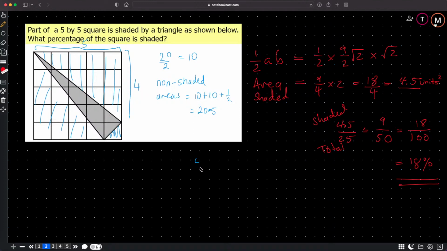So that's super interesting. 41 over 2. Uh, 41 over 50. Oh, 82%. That's the same as A said, yeah. So that's the non-shaded areas, and then the shaded areas must be 18%.